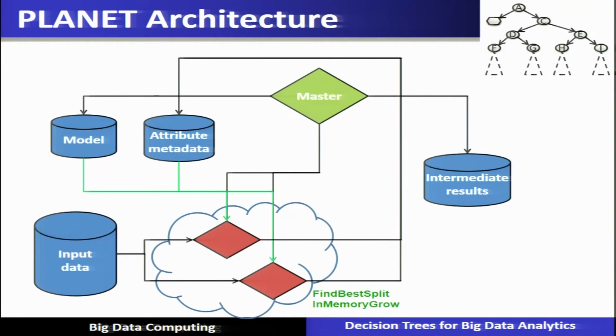Here we see that there will be a master node, and this master node will decide about finding the best split and also the in-memory growth of the tree at the mapper end. The intermediate results are also stored, and all this happens in coordination with the master.